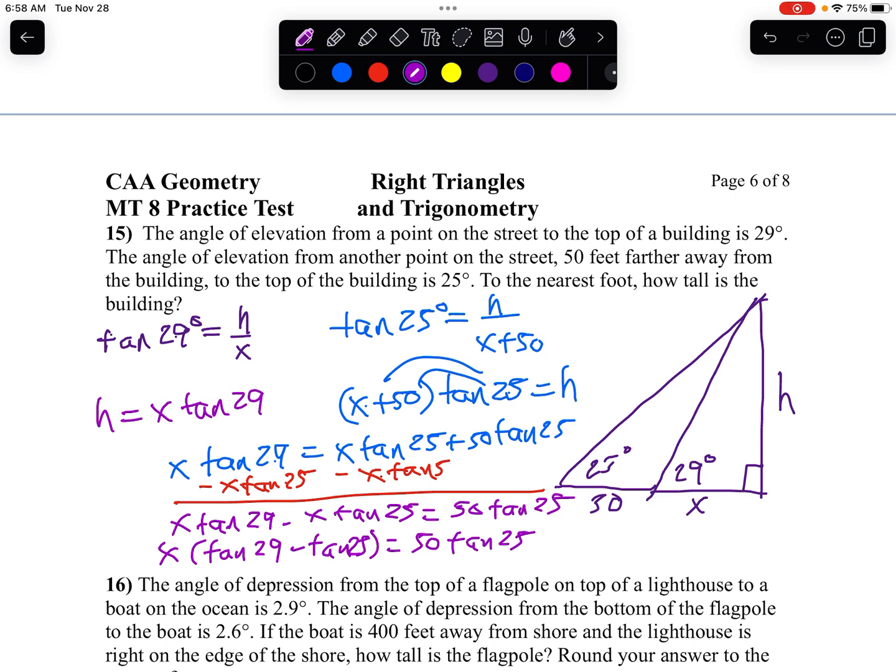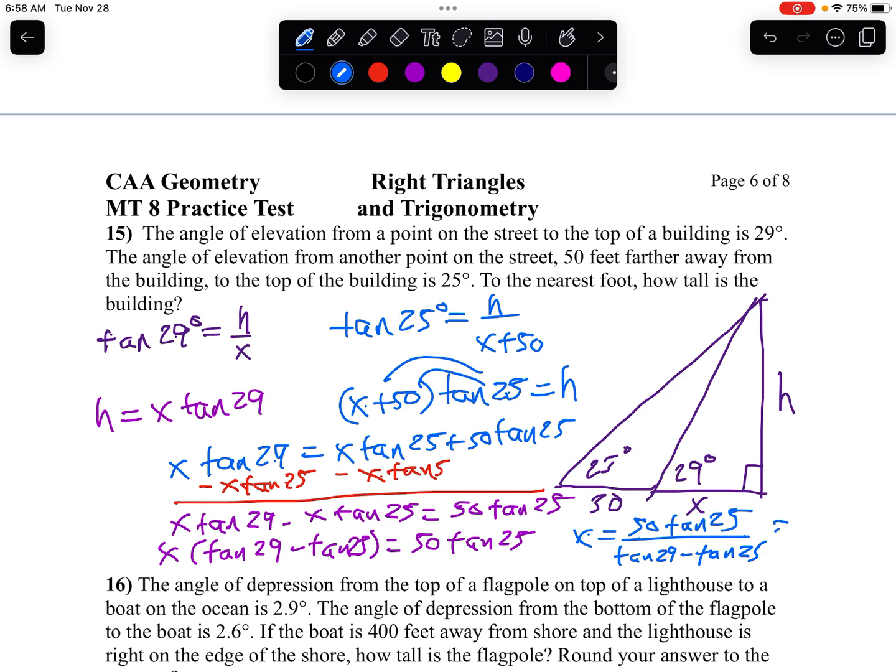Well, if I divide both sides by my parentheses, I'll get X equals 50 times the tangent of 25, divided by the tangent of 29 minus the tangent of 25.